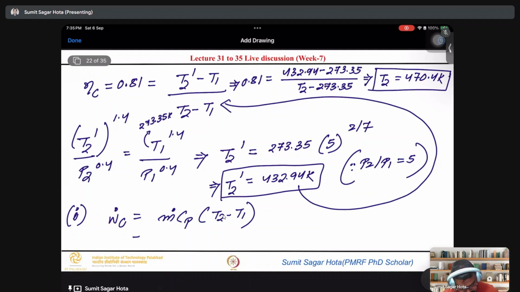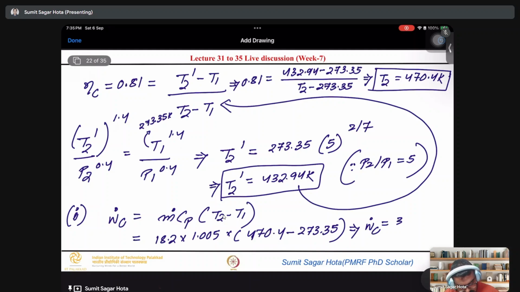So m dot is 18.2, Cp is 1.005, so 470.4 minus 273.35. So W is equal to 3603.713 kilowatt.